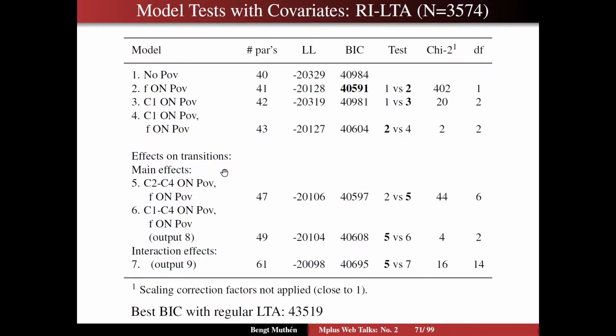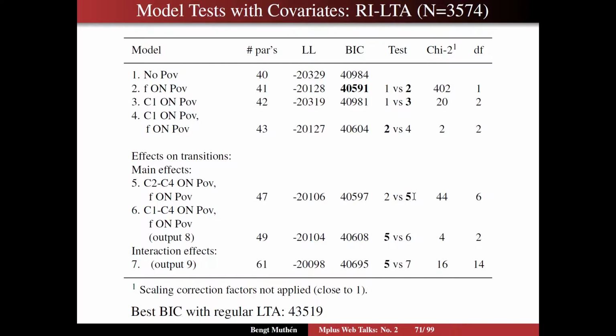Now, when it comes to transition effects, we have the main effect and the interaction effect possibilities. For the main effect model, we can have C2 through C4 on poverty and F on poverty, or C1 through C4 on poverty and F on poverty. If you compare model 5 to model 2, yes, we find model 5 to be the better one.